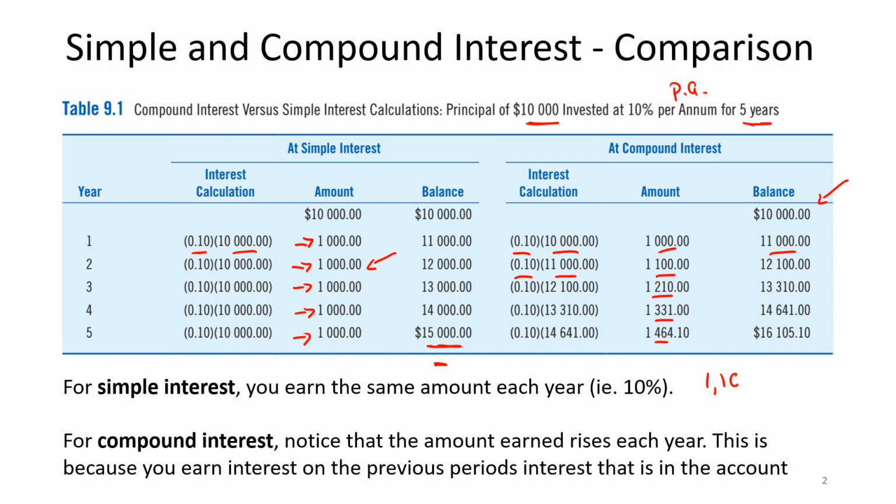That's a $1,105.10 difference. That's substantial over multiple years. And that actually means that you would earn more money, it accumulates faster with compound interest, which is the method that is used with traditional savings accounts in banks.